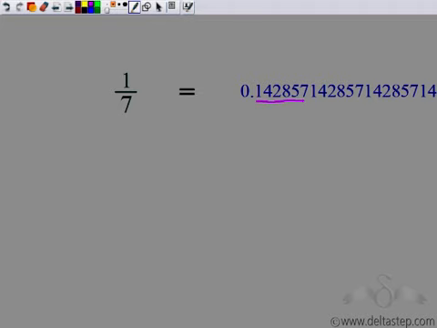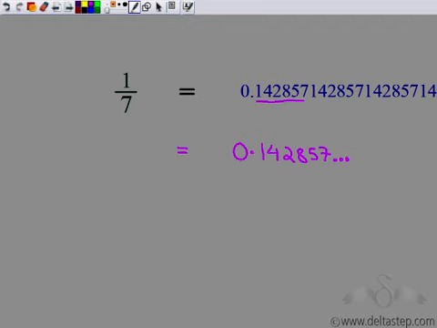So what I can do is I can write it as 0.142857. This is what is repeating, and put 3 dots, which is ellipsis. Now this indicates that this sequence of numbers is being repeated infinite times.